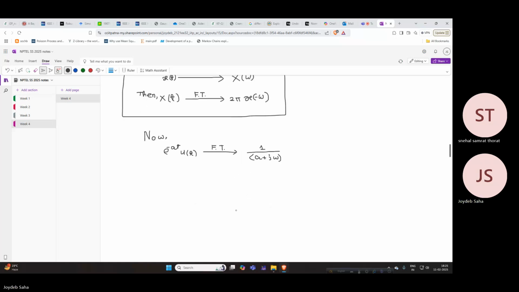So if we apply the duality principle here, we will get 1 upon (a plus jt).